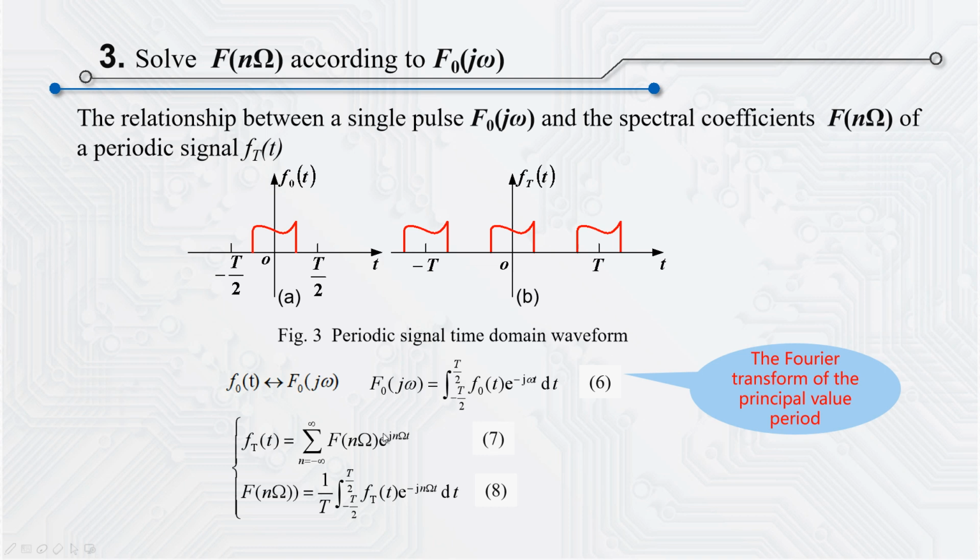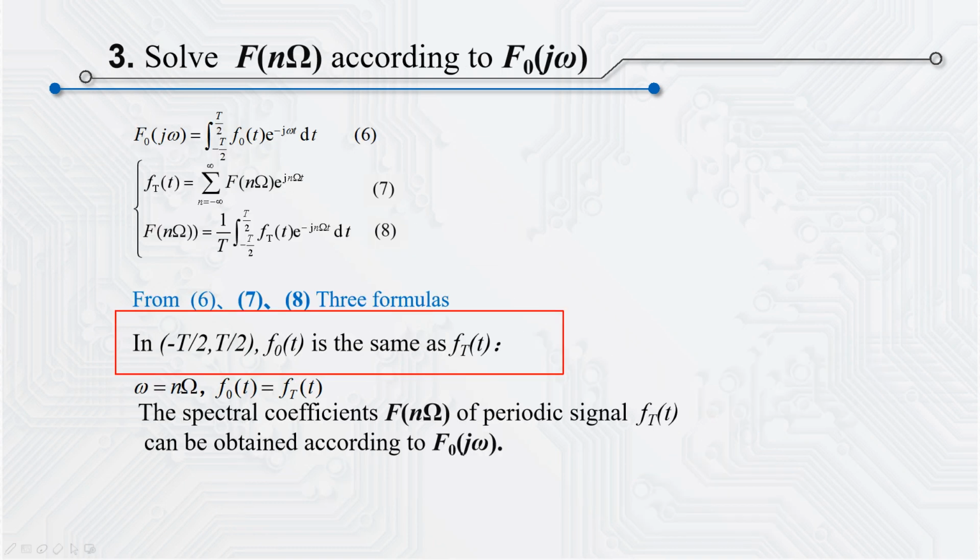Let's look at Formula 7 and Formula 8. Formula 7 is the expanded formula of the Fourier series of the exponential form of periodic signal. Formula 8 is the coefficient of Fourier series. Let's look at Formula 6, 7, and 8. We can find that in the principal value period, f0(t) and f(t) are the same.